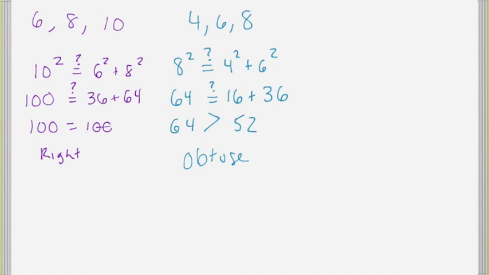Because then 64 bigger than 52, bigger than, we think obtuse. Okay? So you will be able to more easily see the acute and obtuse situation if your inequality is pointing the right way. And that'll happen if you put the C value on the left.